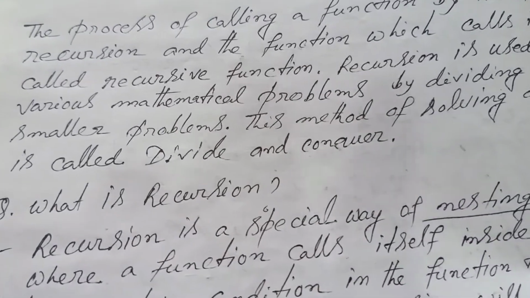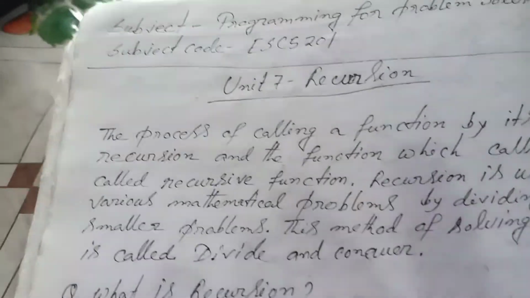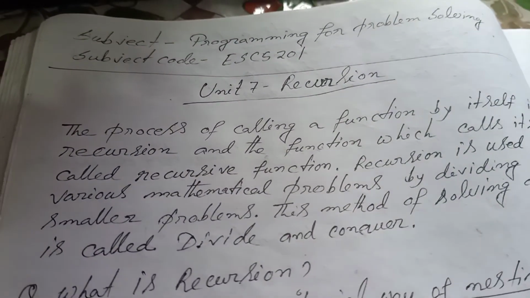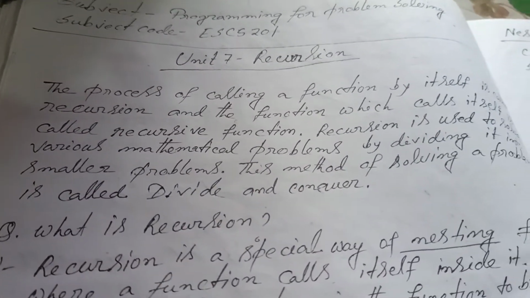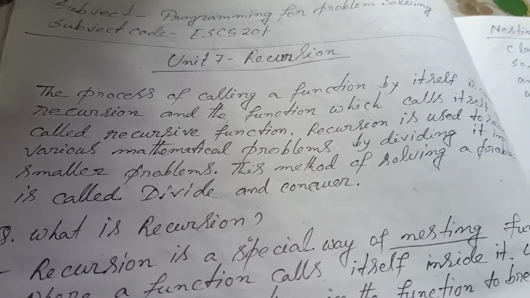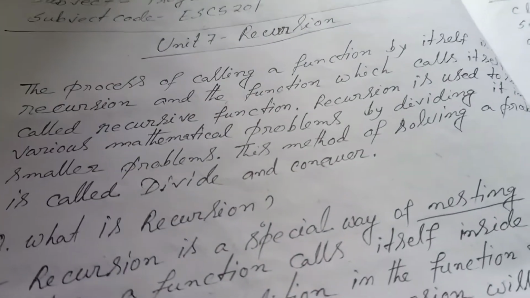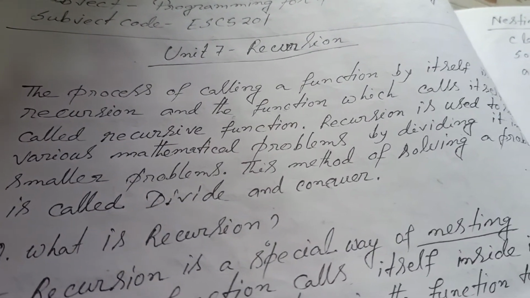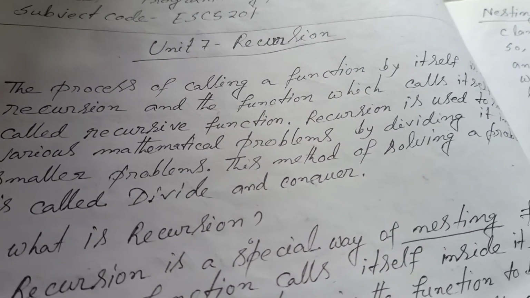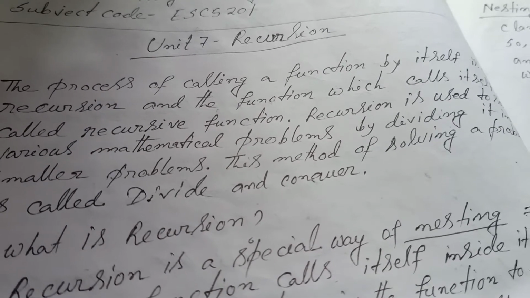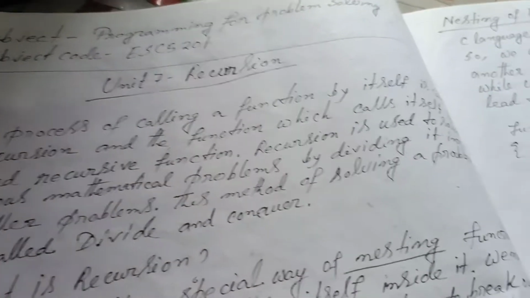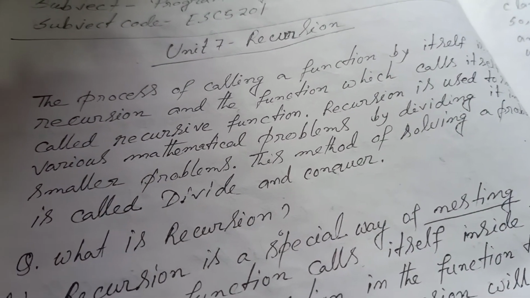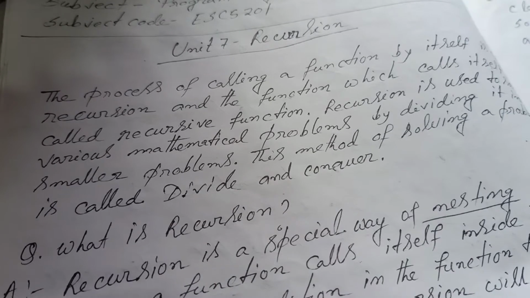So recursion is what? Recursion means when a function calls itself within the function, that is called recursion. The process is called the recursion, and the function is called the recursive function.